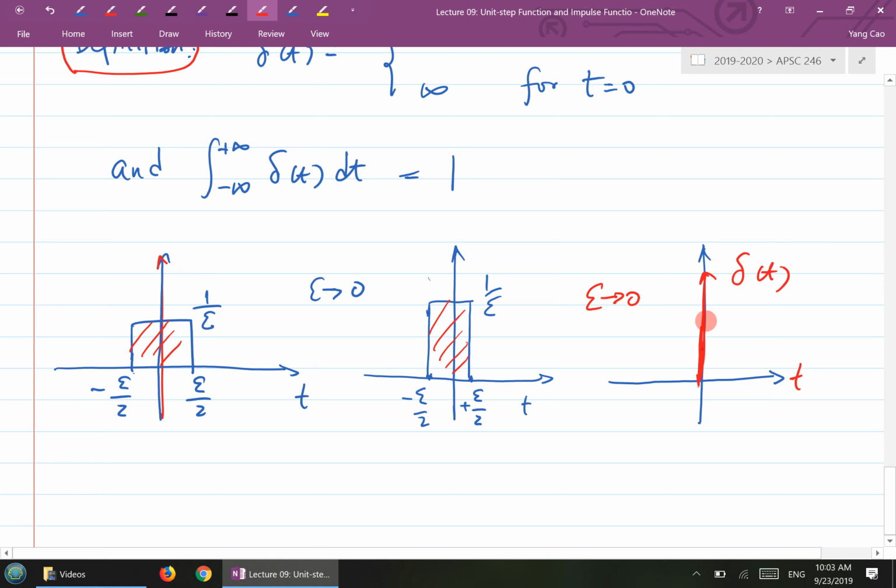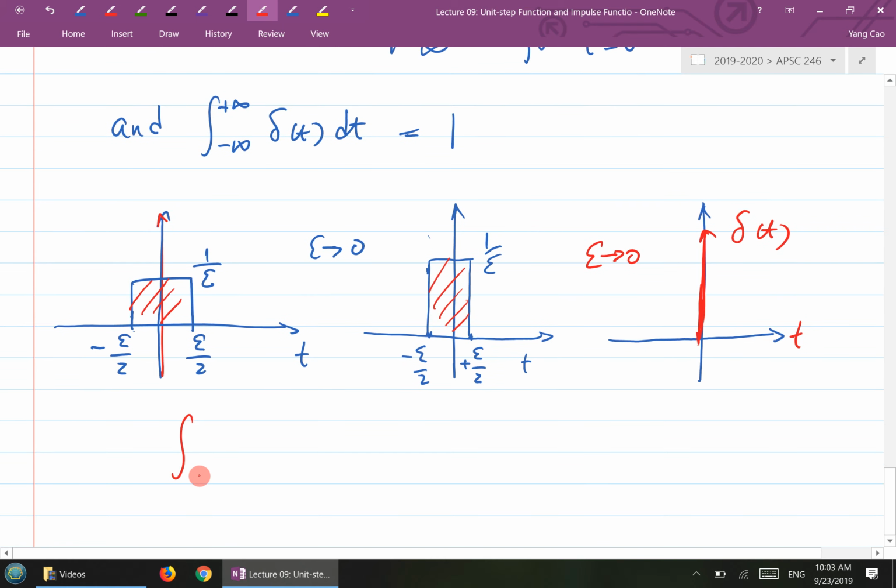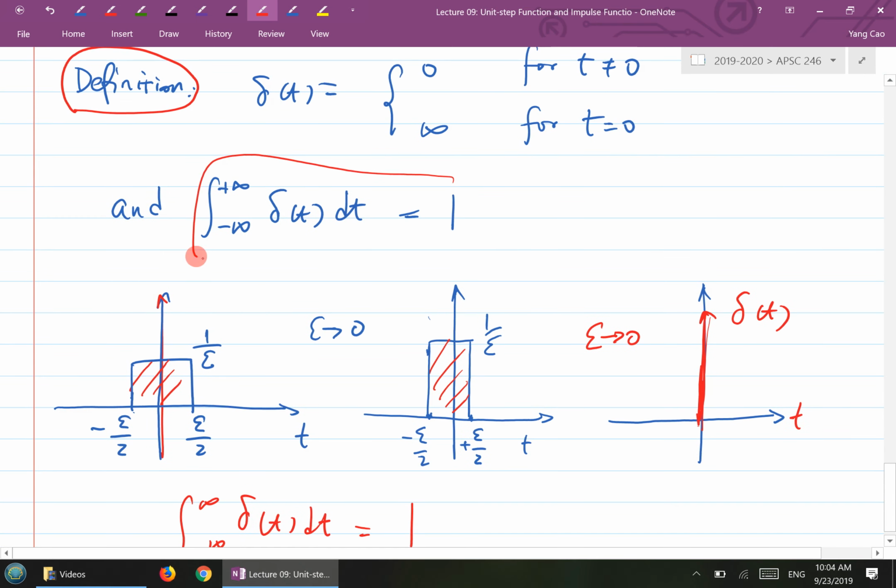Essentially, you're calculating the integral of this impulse function. The area underneath these boxes, they're all the same box except for a different epsilon. This minus this is epsilon, times the height 1 over epsilon. The area of the box is 1. It's not a proof, but that tells you where this integral equal to 1 comes from.